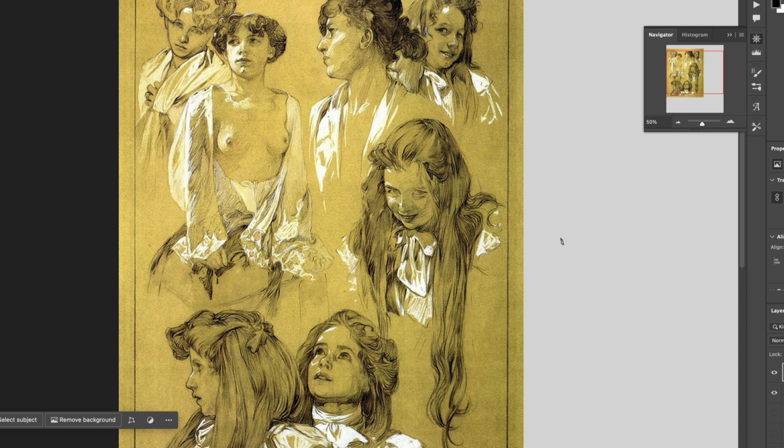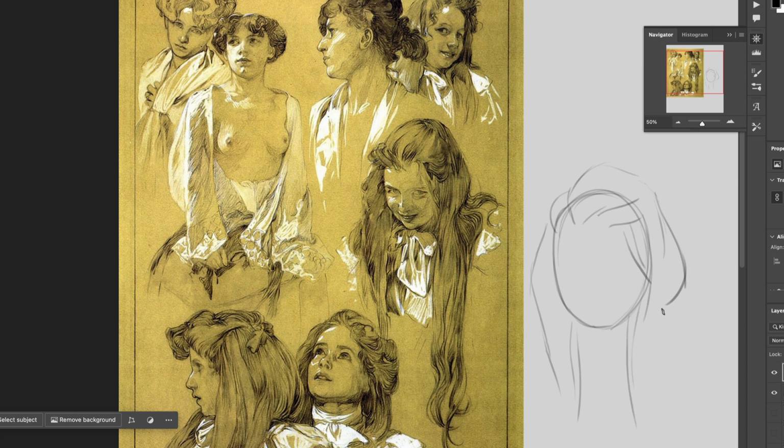So, for example, I'll draw the head. So we have a head here, and then hair coming like that, like this. So these are all groups, okay? And these are all groups.